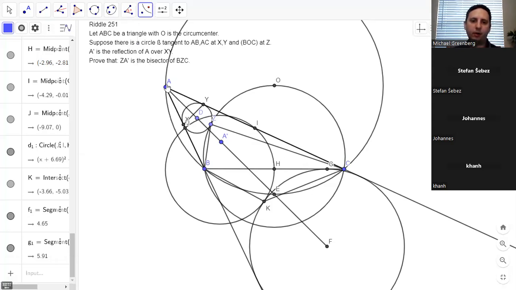Okay, so how do I draw a circle with radius root AB times AC over 2? I think if you just type in circle where the input goes, you can do point and then radius. Okay, circle with center A, and then radius, let me just try it out. AB times AC.